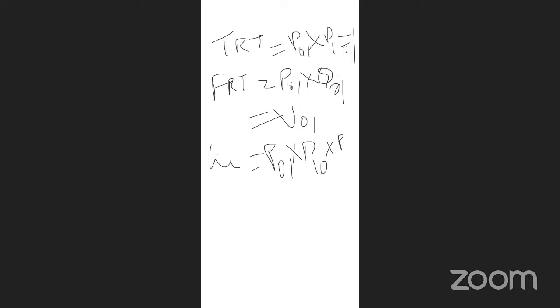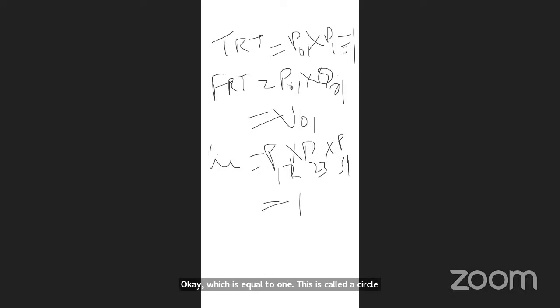You can write it down like this: P12 into P23 into P34 or P31, which is equal to 1. This is called a circular test.